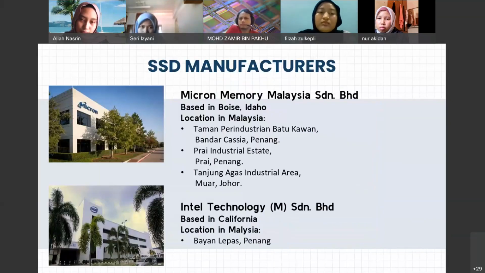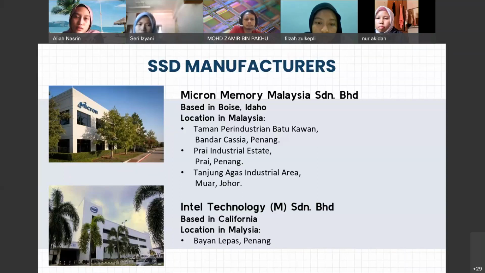Next, I'm going to present about the companies that are related to the production of SSD. The first one is Micron Memory, based in Boise, Idaho, and the locations in Malaysia are Taman Perindustrian Batu Kawan at Bandar Kasia, Penang; second, the Pride Industrial Estate at Penang; and the last one is Tanjung Agas Industrial Area, Muar, Johor.